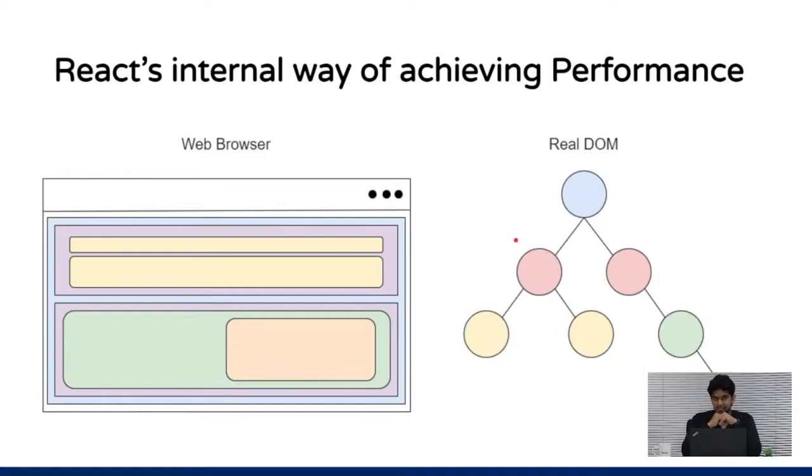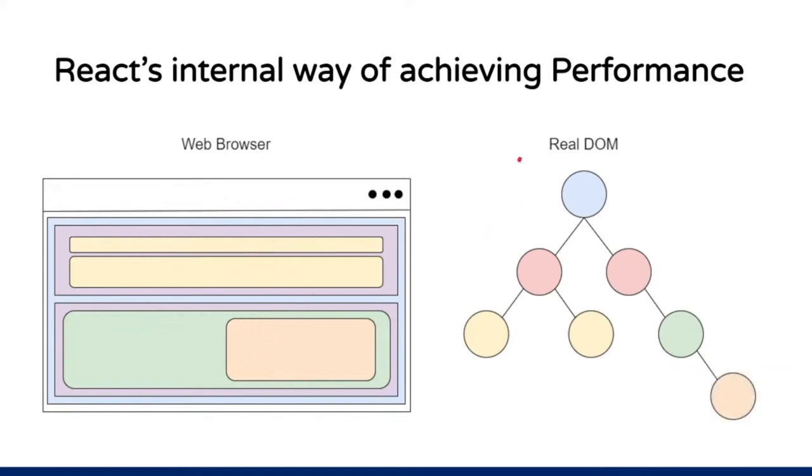I'll take this example to explain how React achieves performance when updating the DOM. Here I have a DOM structure with some HTML elements, and on the right side you can see these elements in a tree structure.